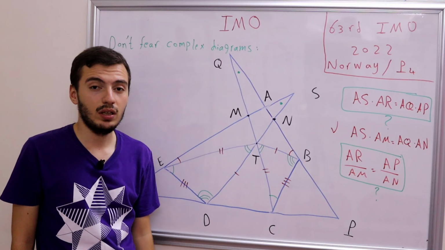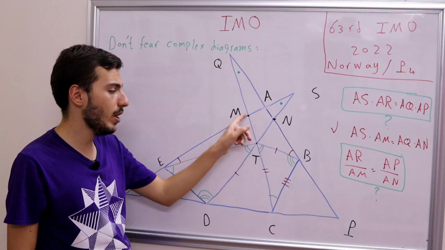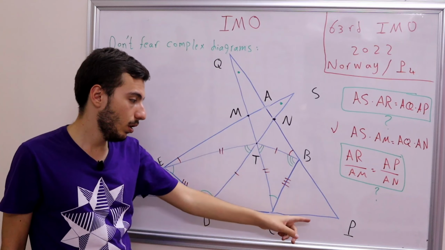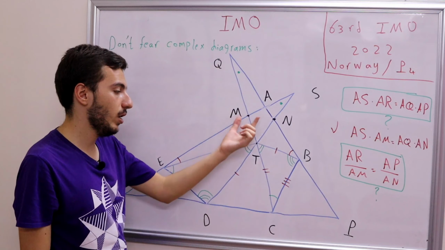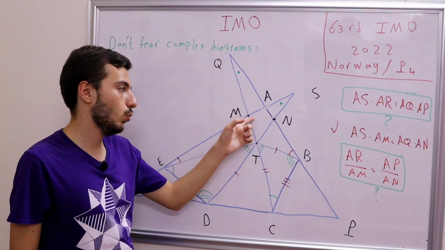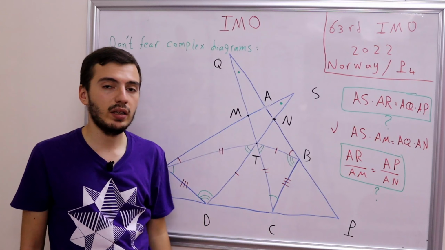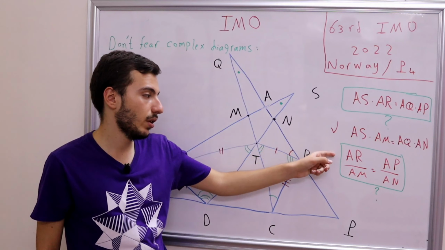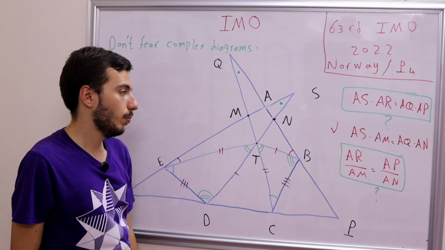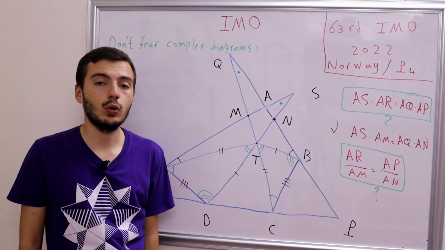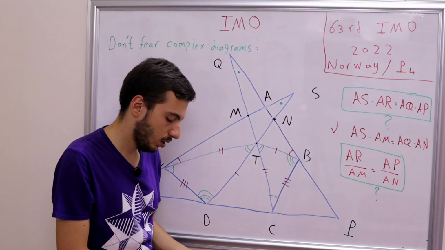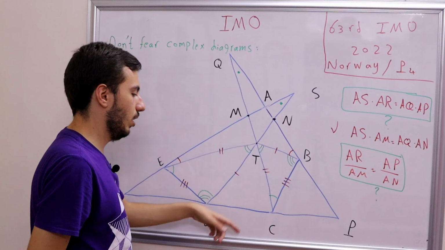Well, that actually is equivalent to saying that MN is parallel to PR. If MN is parallel to PR, these two triangles are similar, AMN and ARP, and guess what? We will just get this ratio. So guess what? Now we just need to show that MN is parallel to basically CD.